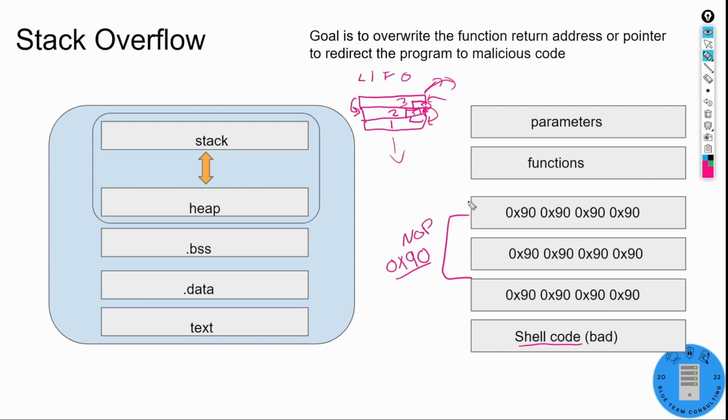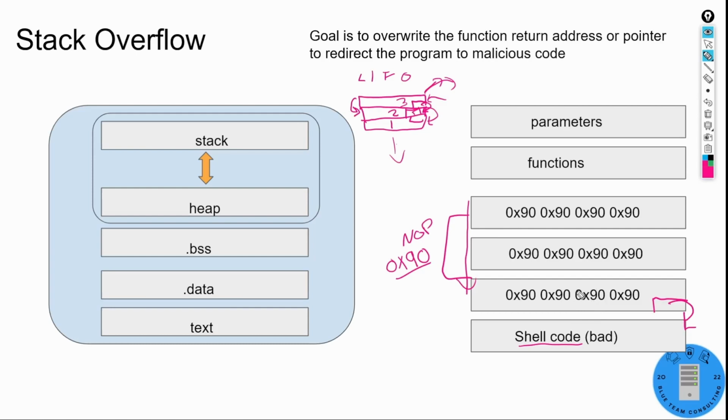So the stack will read from top to bottom. It's going to read all these no-ops. It's taking advantage of the stack, and then at the end of this function, maybe we had a return address that's going to be modified to then point to where your malicious code is written. So then once this no-op command executes, it will just lead into the malicious code.